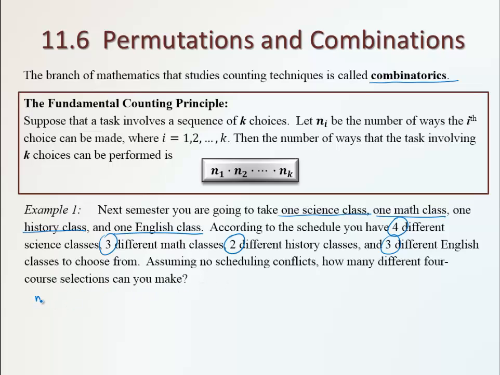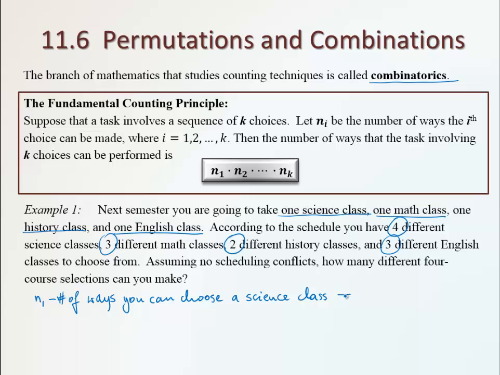Okay, let N1 represent the number of ways you can choose a science class. So what's N1? Well, there's 4 different science classes.